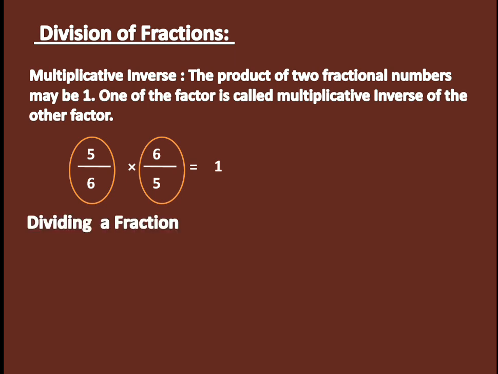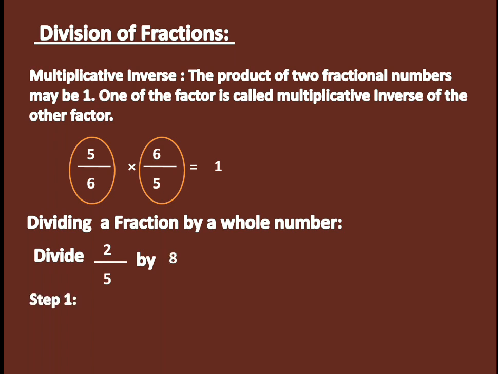Now dividing a fraction by a whole number. Divide 2 by 5 by 8. First step is write whole number as a fraction. So 2 by 5 divided by 8 by 1. 8 is a whole number and 8 by 1 is a fraction.